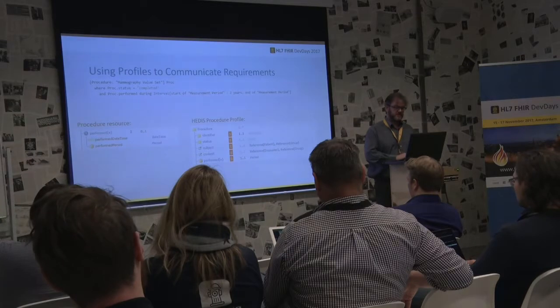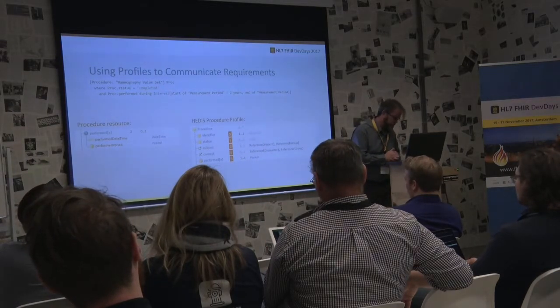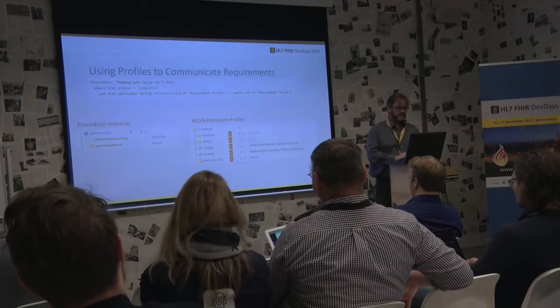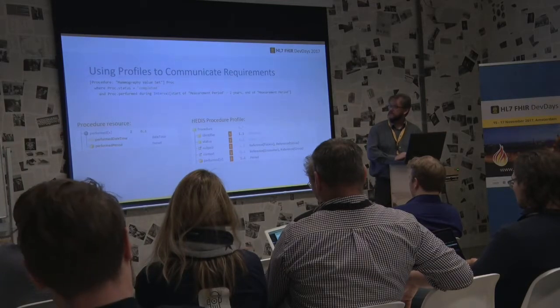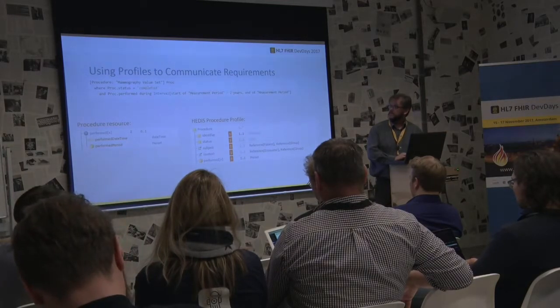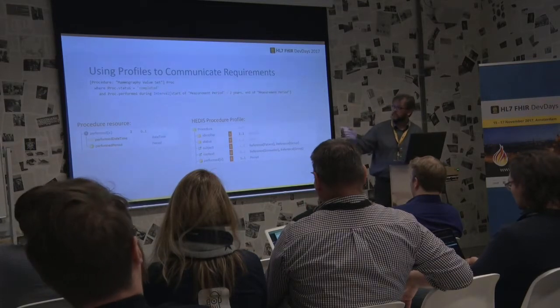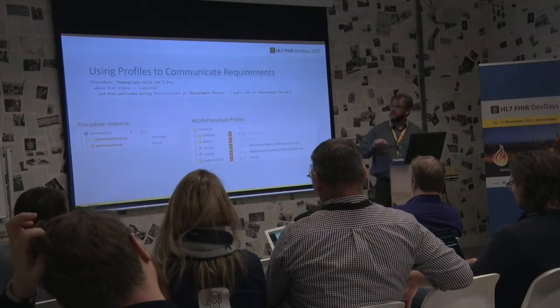So there's another piece here that I want to dig into a little bit, which is using profiles to communicate those requirements. So we noticed that we're saying proc.performed. In CQL, when you have a choice of values, like procedure performed, that can be either a date time or a period.